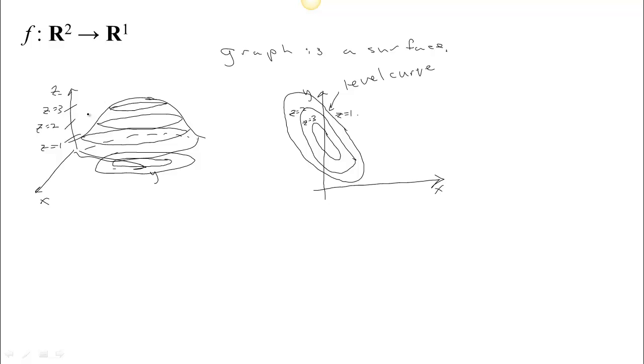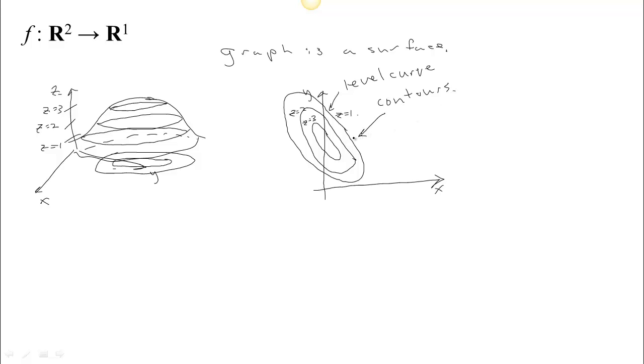So we have 3 dimensions. The graph is a surface, we can look at the surface, but we could also just look at the level curves. If you've ever looked at a topographic map, then this is familiar to you. The level curves are the contours, the lines of constant altitude. So think of a surface in terms of its contours.